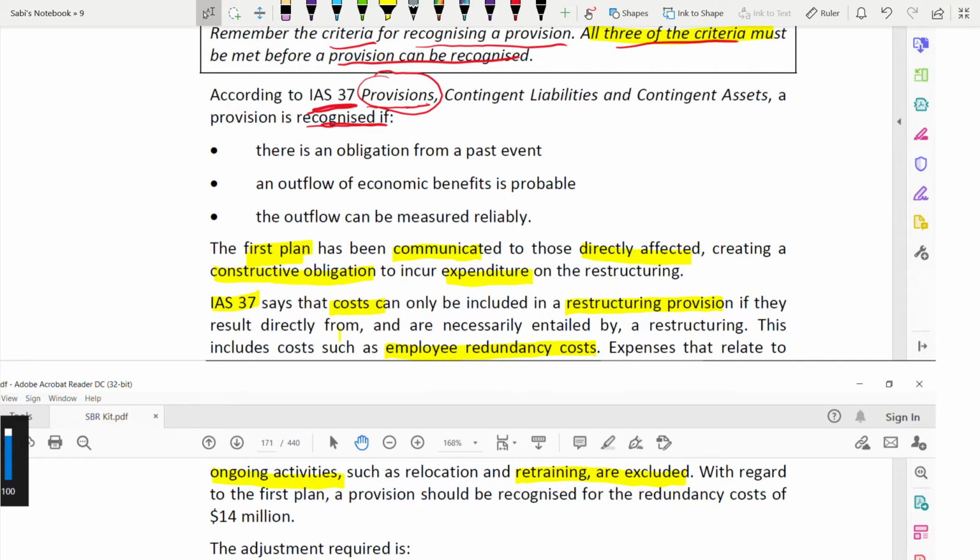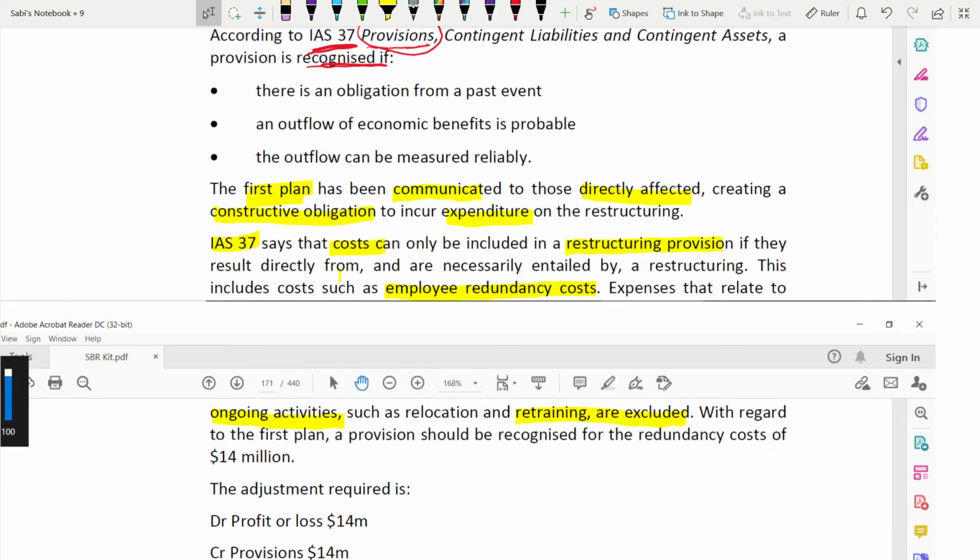So with regard to the first plan, now you are saying how the provision should be recognized. When there are 2 or 3 plans given, you need to say for this plan this is what works out, for this plan this needs to be recognized. You cannot just say it should be recognized. What should be recognized?